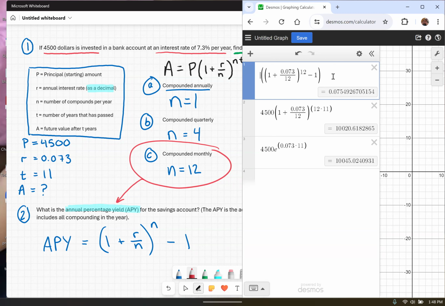Okay, so if we take that, that is the APY. And if we convert that to a percentage by multiplying by 100, well, that's about 7.55%. If we round it to two decimal places, 7.55%.